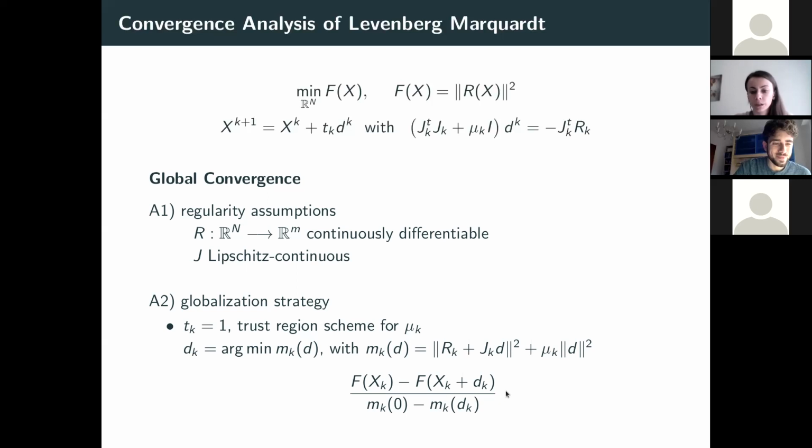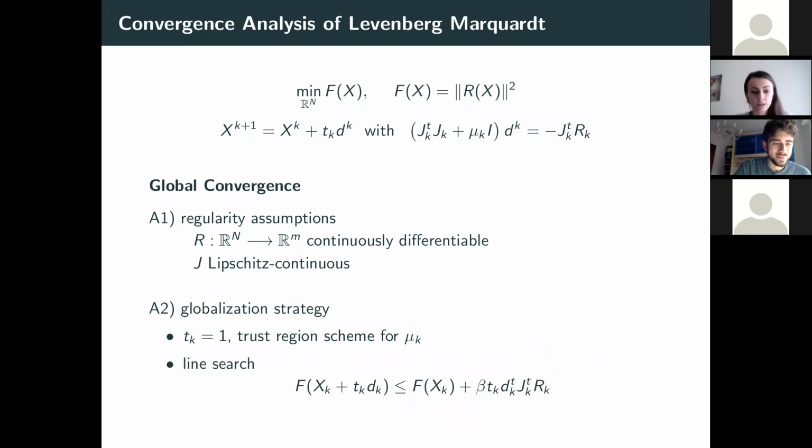And so we take a smaller mu_k, so we allow d to be larger at the next iteration. While if this is small, then it means that we are not making much progress. So we take a larger mu, and so we force d to be smaller at the next iteration. So this is one way in which we can update mu that ensures global convergence.